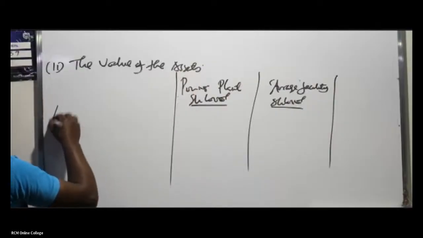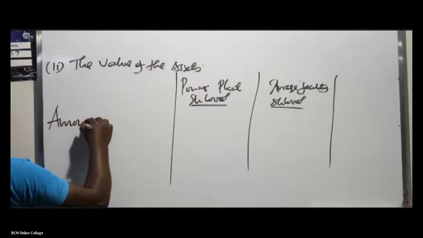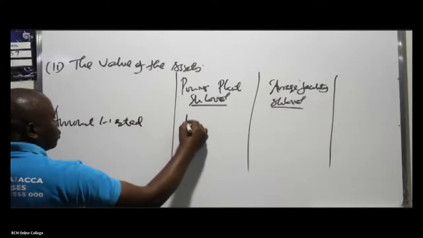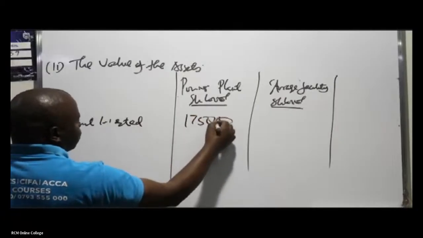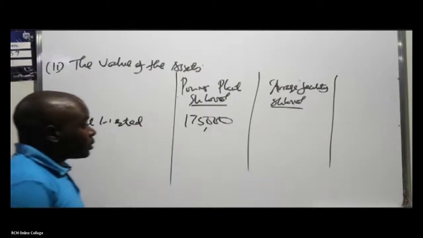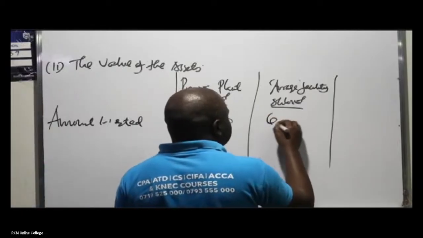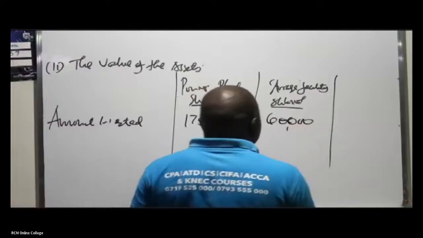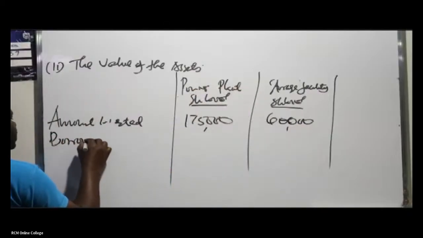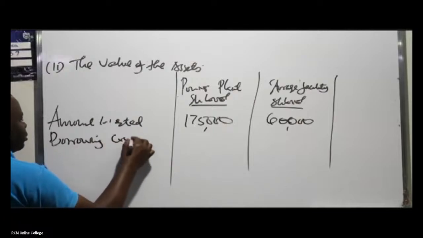So amounts invested in this project. For this one, it was 175, if you add the two amounts. For this other one, it is 60 million. But now they incurred the borrowing costs during the year.